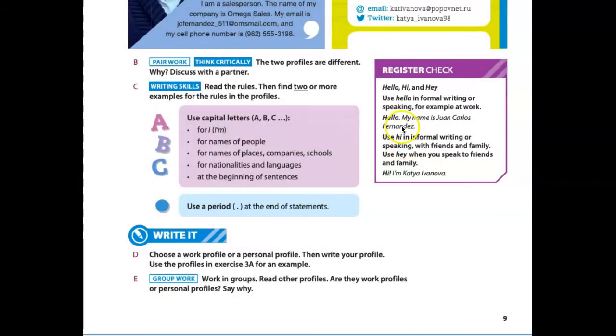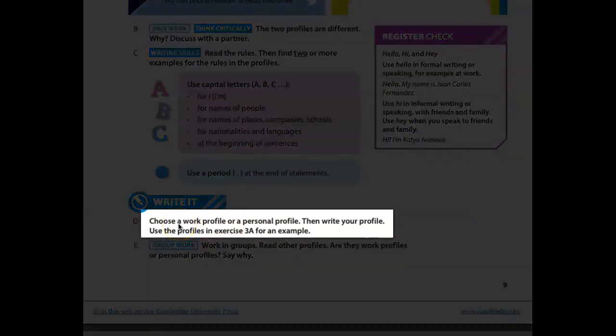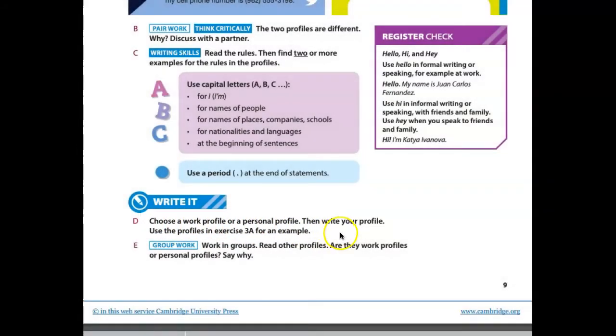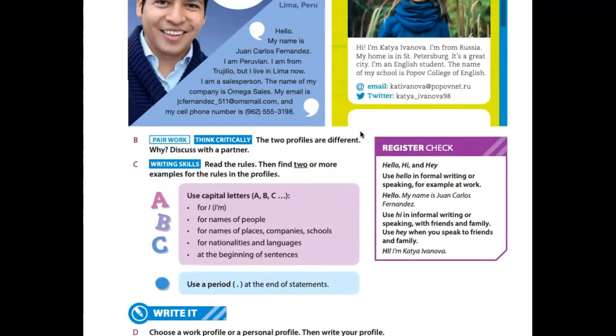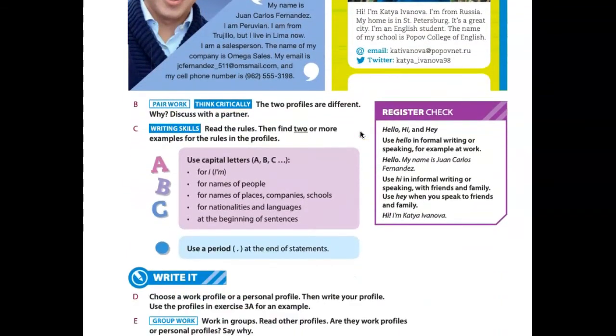Okay? And this is the product approach. Why? Because look at the instructions here. Choose a work profile or a personal profile. Then write your profile. Use the profiles in exercise 3A for an example. That means that they look at a model and they try to replicate this model. Okay, so that is the product approach.